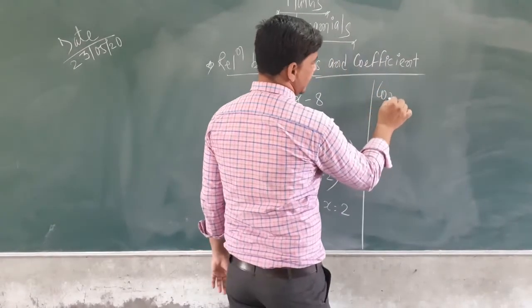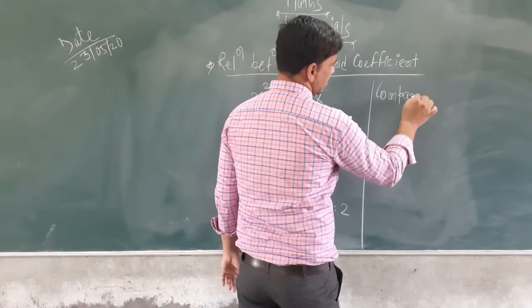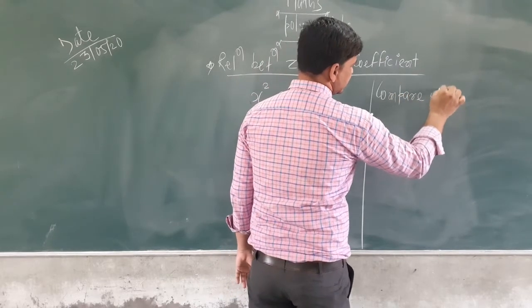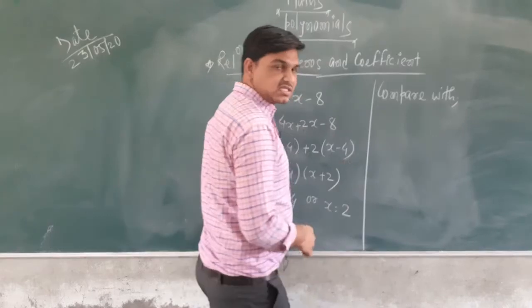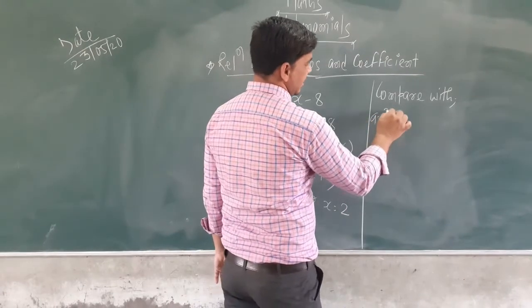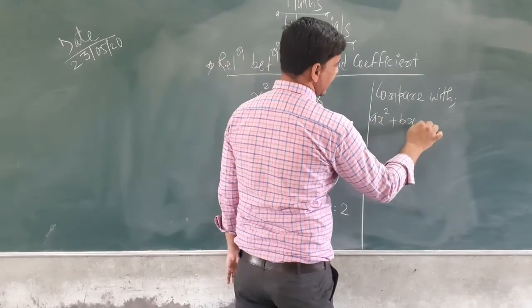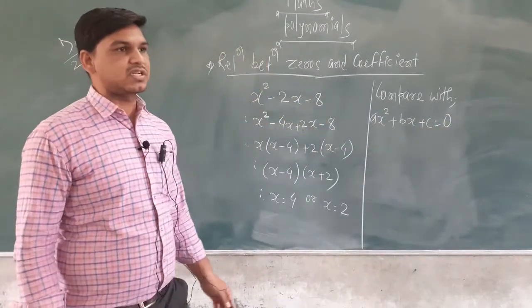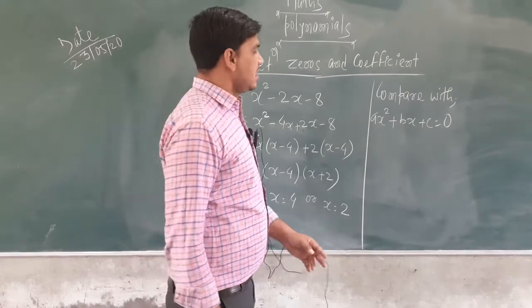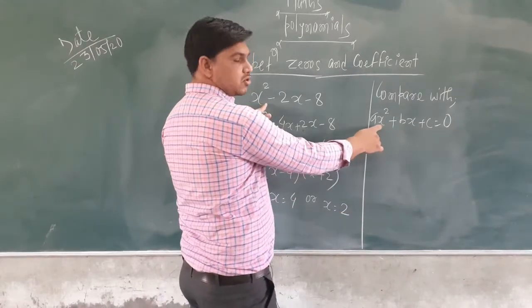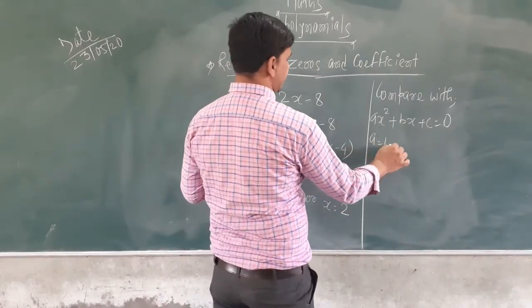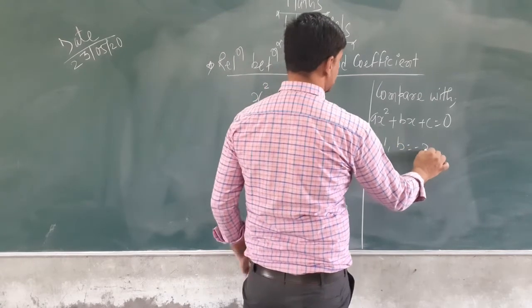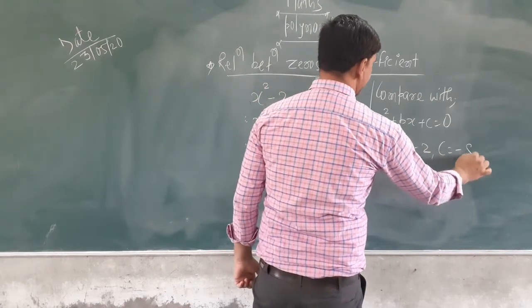The standard quadratic equation is ax square plus bx plus c equal to 0. Comparing with this equation, a equals 1, b equals minus 2 and c equals minus 8.